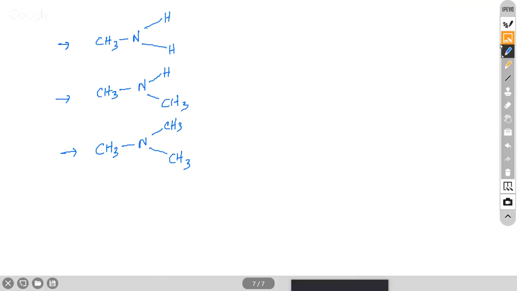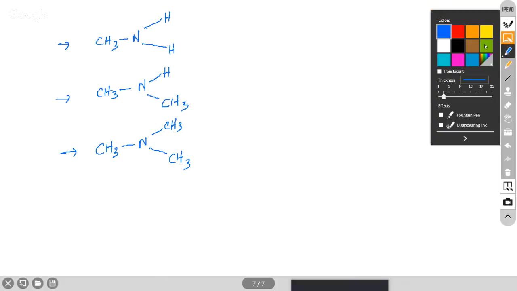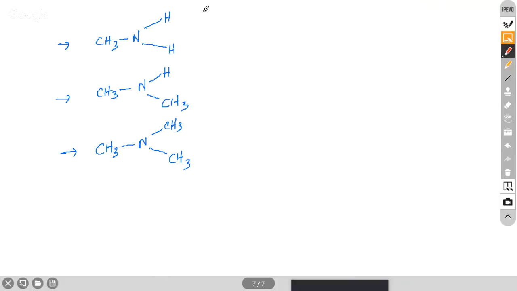Now, when you put these molecules into water, that is in aqueous medium, what happens? All these hydrogens have a tendency to form hydrogen bonding with oxygen like this.